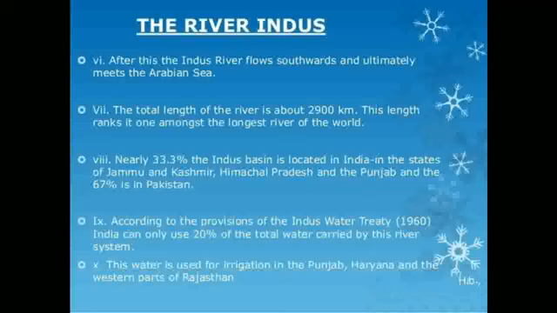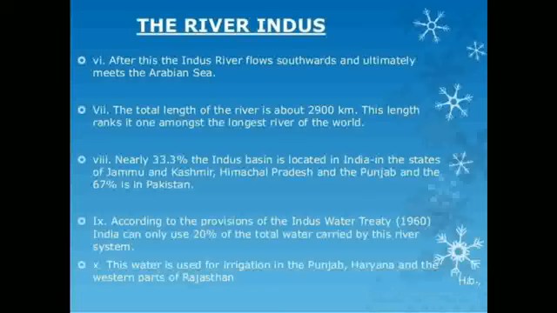When this river leaves the Indian territory, it firstly goes westward, but it takes a U-turn after entering Pakistan. So far as the length of this river is concerned, its total length is around 2,900 kilometers, and it is among the largest rivers of the world.